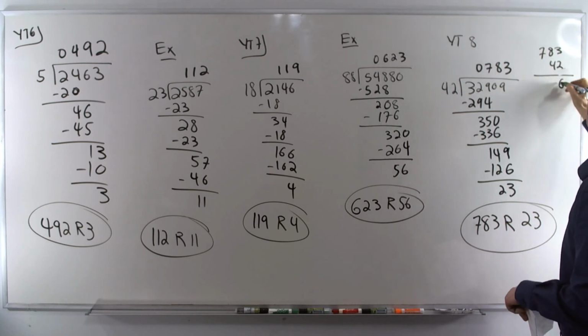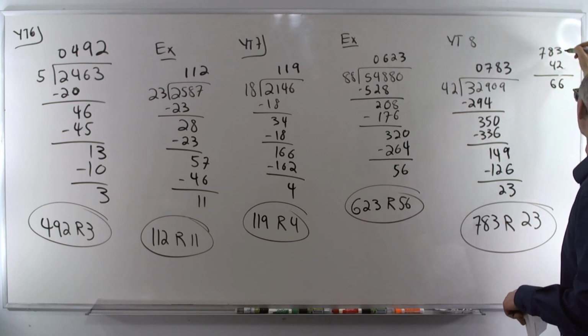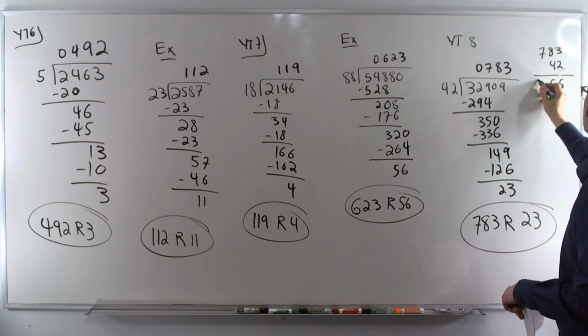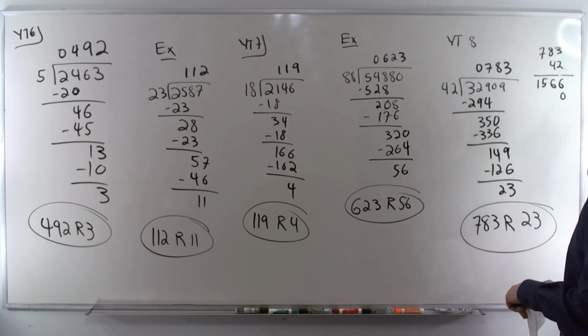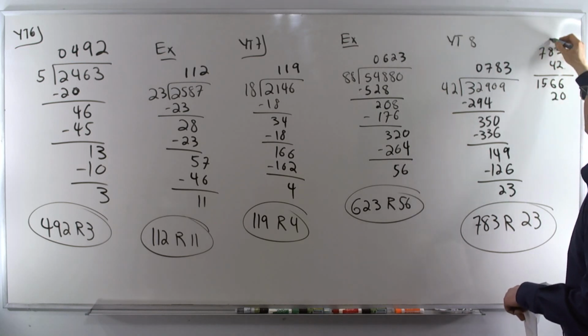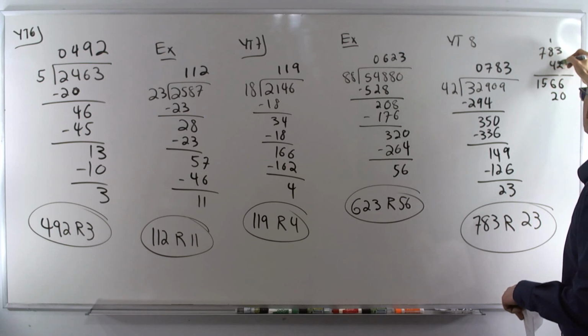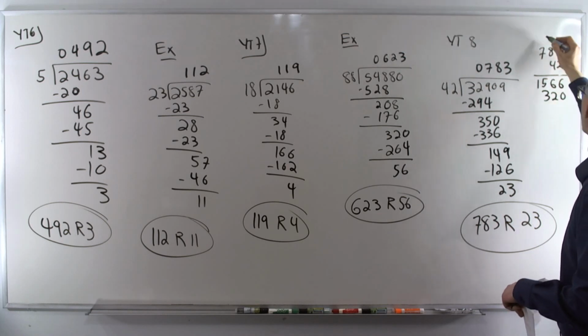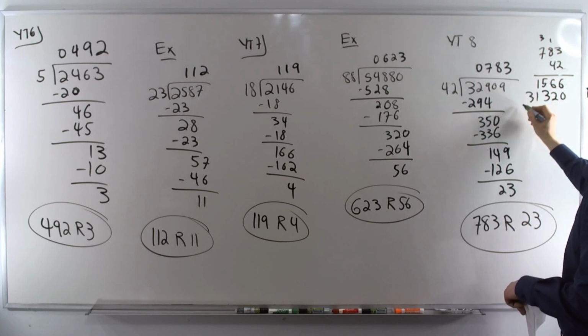All right, 3 times 2 is 6. 8 times 2 is 16. Carry the 1. 7 times 2 is 14 plus 1 is 15. Next row, put down a 0. 3 times 4 is 12. Carry the 1. 8 times 4 is 32, plus 1 is 33. Carry the 3. And 7 times 4 is 28 plus 3 is 31.